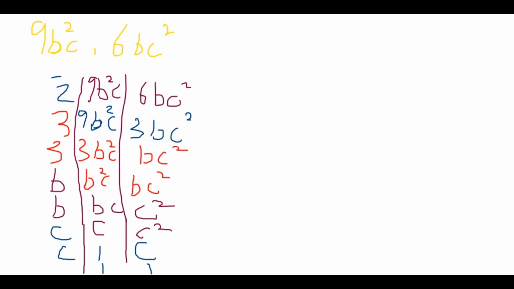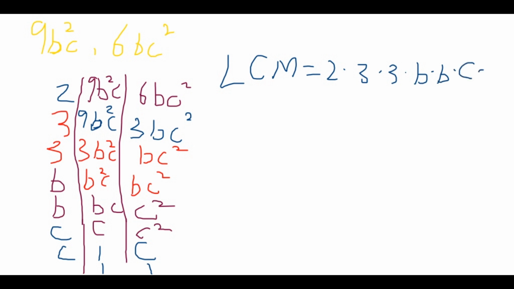So therefore, the LCM is the product of everything we have here. 2 times 3 times 3 is 18. So the LCM is equal to 2 times 3 times 3 times b times b times c times c.